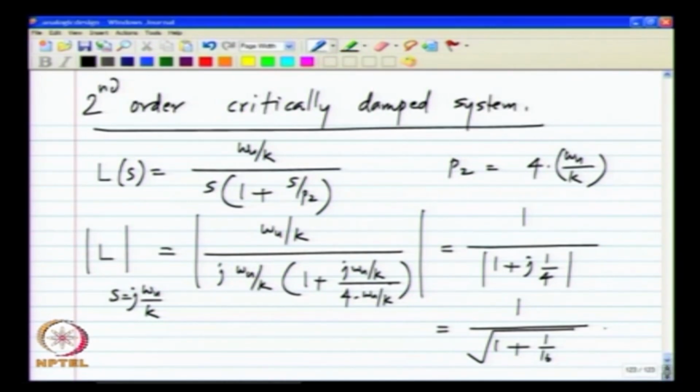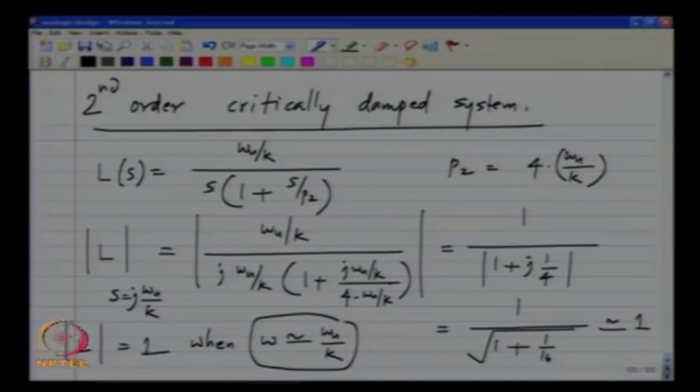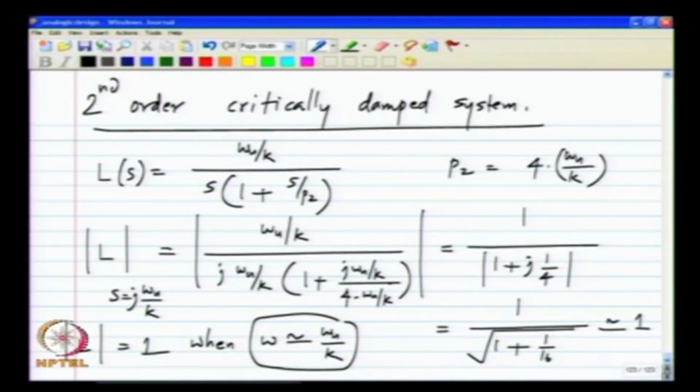Okay. So, we will say that magnitude of L becomes 1 when omega is approximately equal to omega u by k. So, this is almost the frequency where the magnitude of L becomes unity. I did this because it is easier to calculate it. If you try to calculate exactly where magnitude of L becomes 1, then it becomes rather cumbersome while doing it by hand calculations.